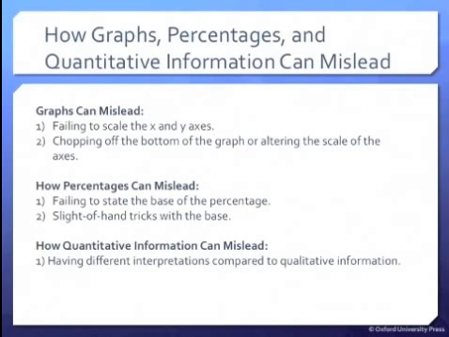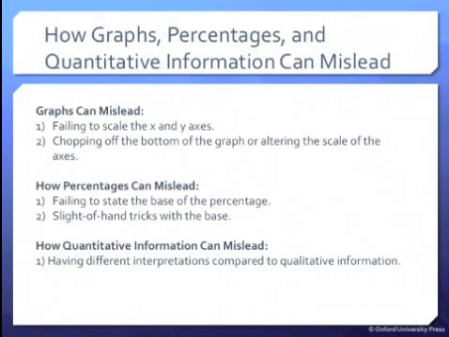Now, there are two important ways that graphs can be misleading. First, they can mislead by not providing a scale for the x-axis and y-axis. Also, they can mislead by chopping off the bottom of the graph or altering the scale of the axes. I will discuss these in more detail in a little bit. Two important ways percentages can mislead is by failing to state or provide the base of the percentage, and by using sleight of hand tricks with the base.